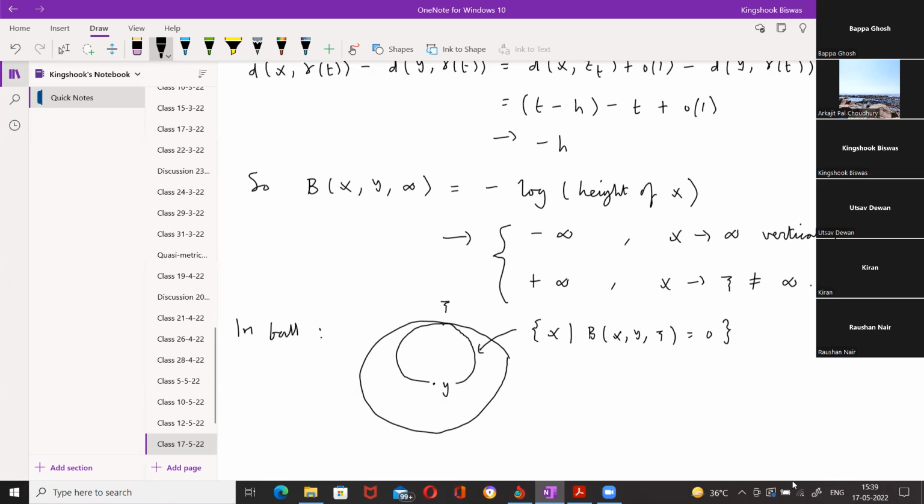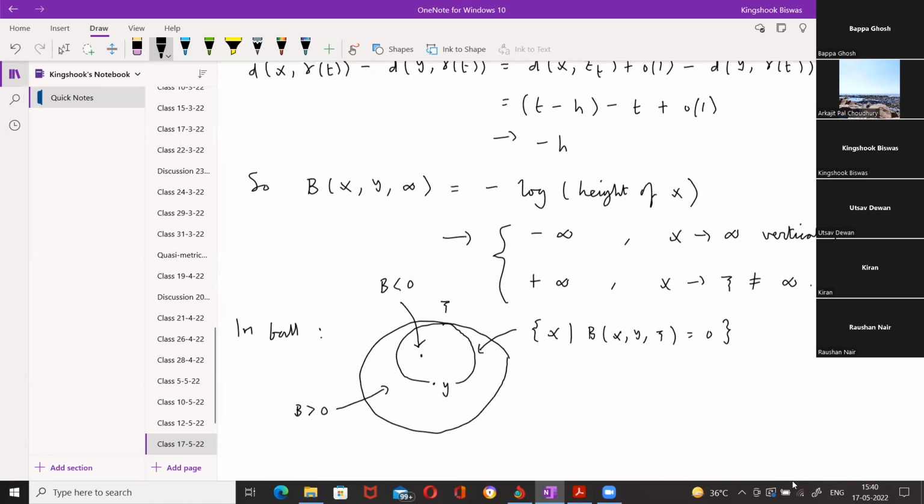It's two infinite quantities whose difference is finite. So if I'm inside this horosphere, then the Busemann function will be negative. Here b will be negative as a function of x. And if I'm outside here, b will be positive.